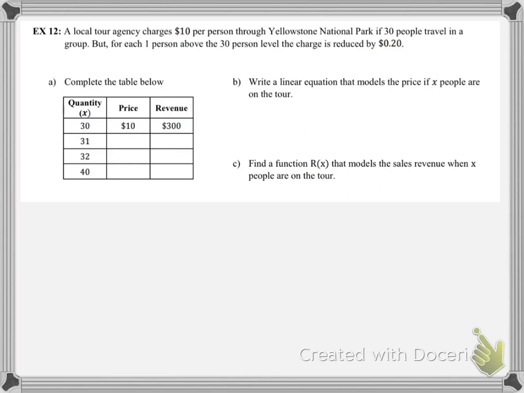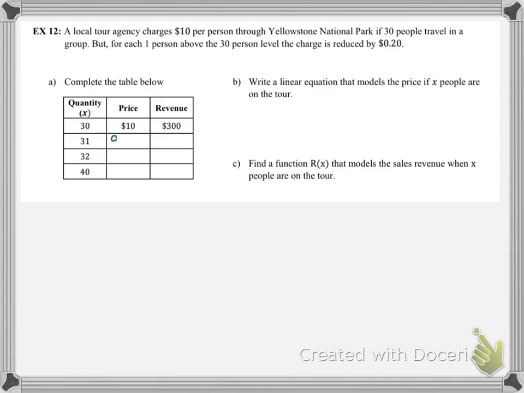I find it easier just to use that information to fill in the table and then use 2 points from my table exactly the same way we just did the last problem. That way we don't have to interpret that whole one person reduced by 20 cents as a rate of change. So if we increase the number of people by one person, then the price is going to decrease by 20 cents.